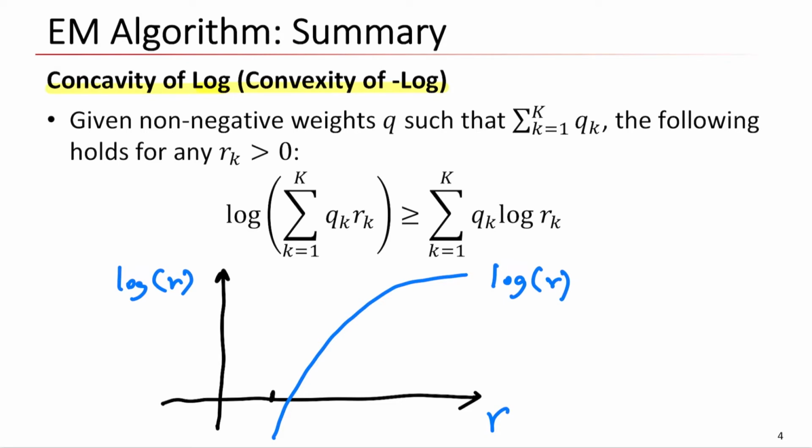So let's say there are R1, R2 through RK here.